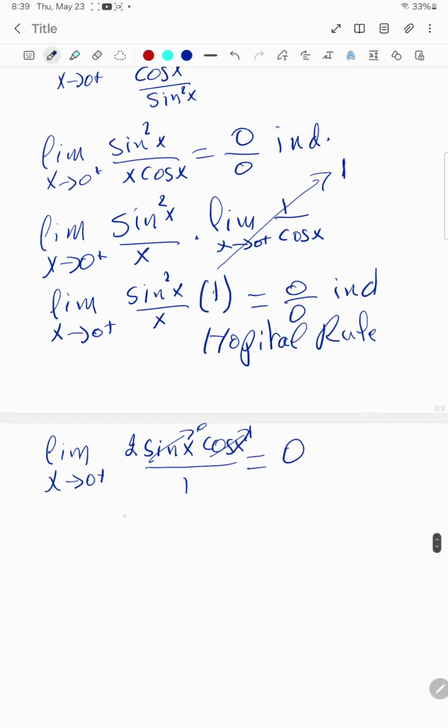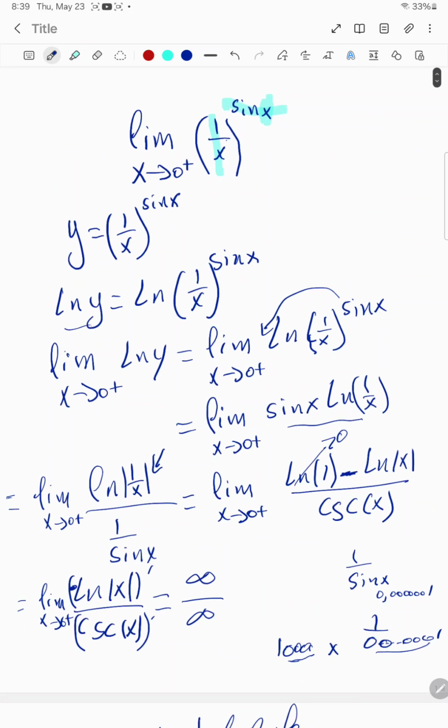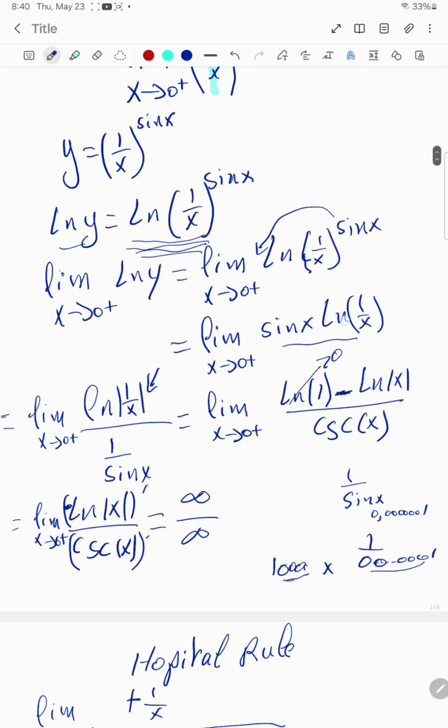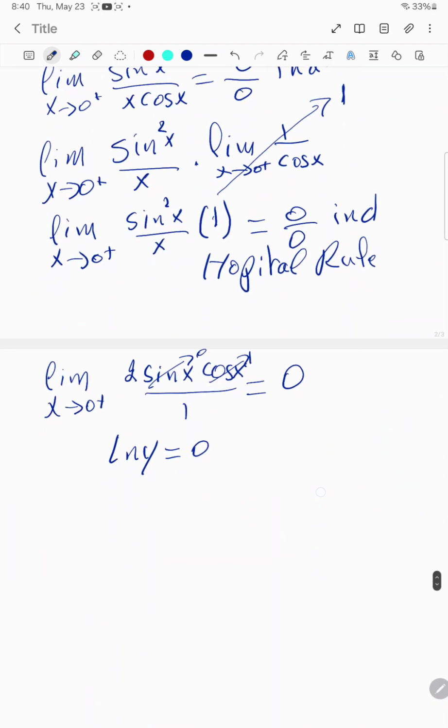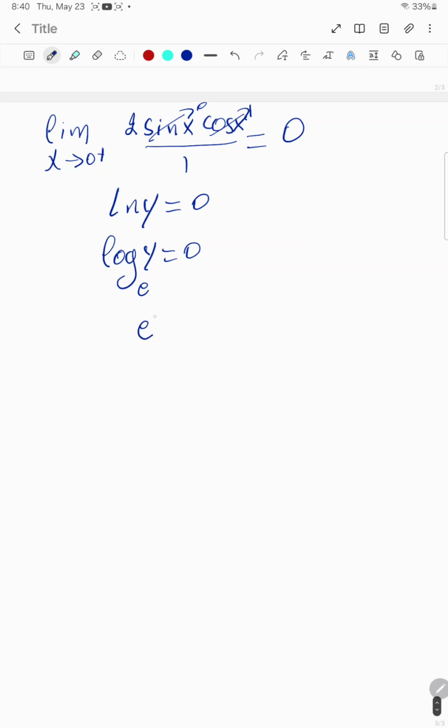Perfect. Now I know that ln of y is equal to 0, because we said at the beginning ln of y is equal to this, and we developed the right hand side of my equality. So my ln of y is equal to 0. Yeah, but ln I can write like this, it's easier for you to understand: log to the base e of y is equal to 0, and then if I apply the logarithmic rule, e to the power of 0 is equal to y, and e to the power of 0, which is 1, is equal to y.